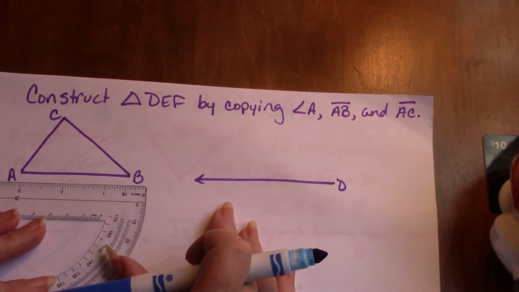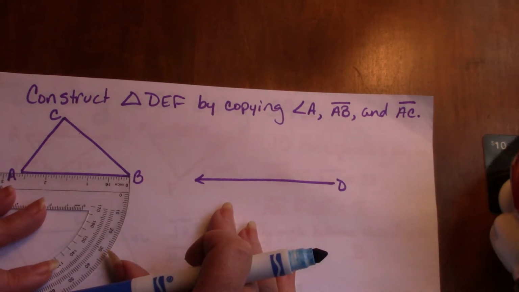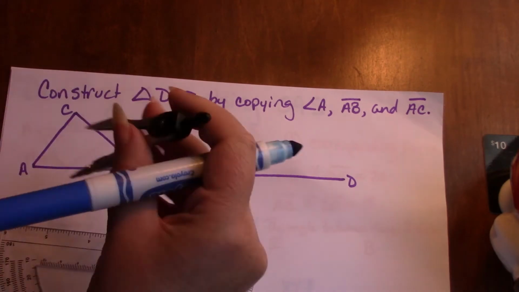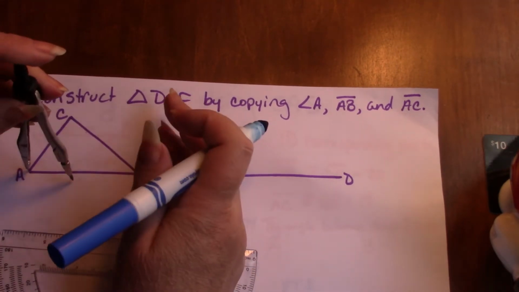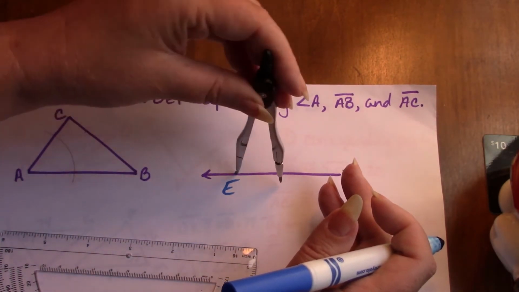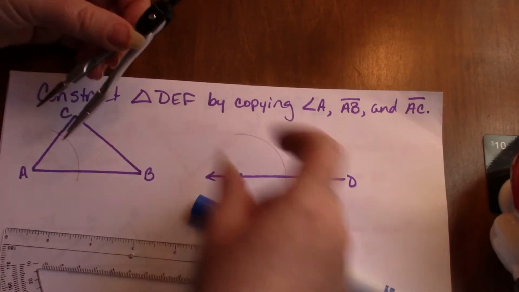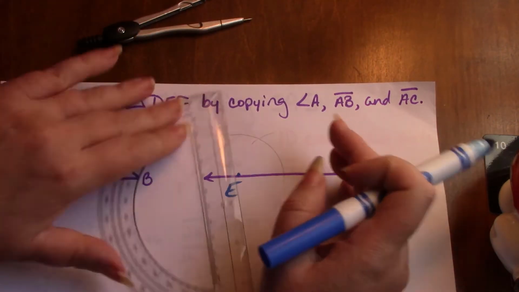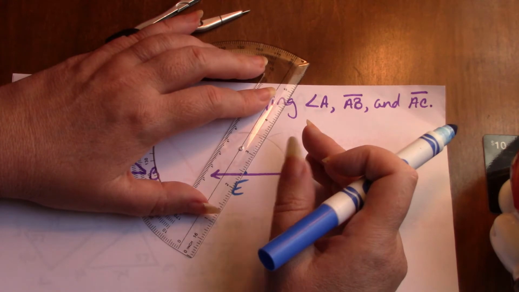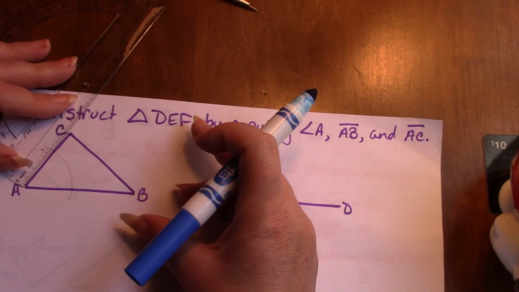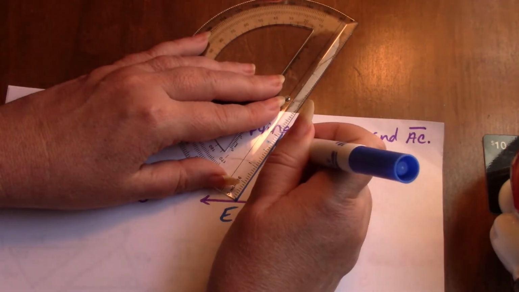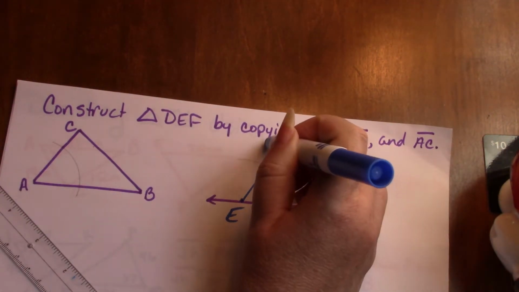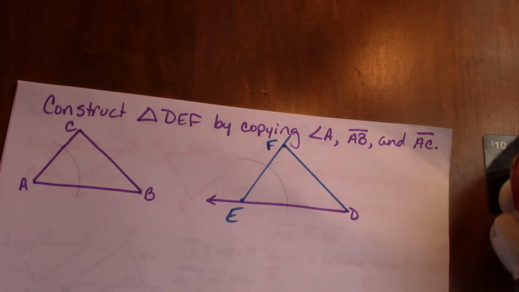So I want to copy line B. So that's E. So that is an exact copy of ABC.